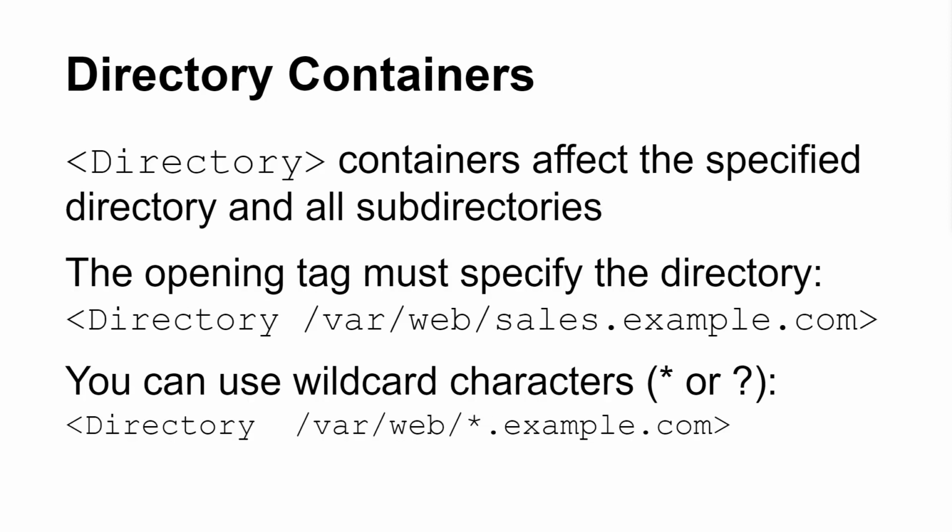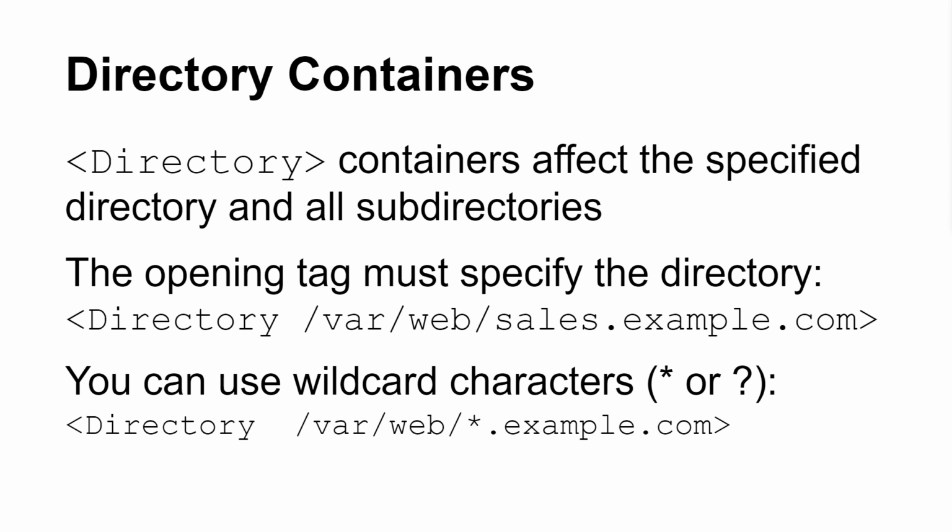So a directory container really affects the specified directory that is part of the original opening bracket there, and all of the subdirectories inside of that particular directory. So the opening tag is Directory, put a space, and then put a Unix or Linux file path to specify the name of the directory, starting with the root directory in through any of the folders, subfolders, and finally the containing folder.